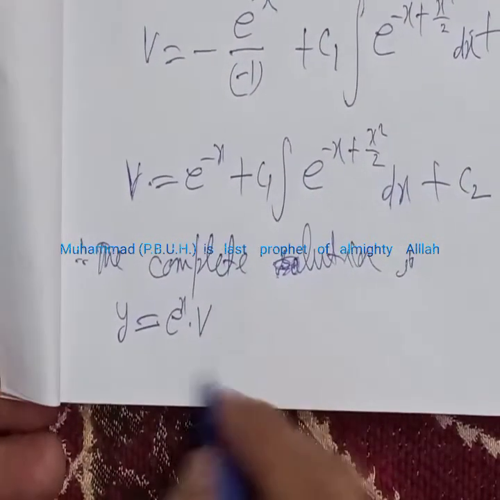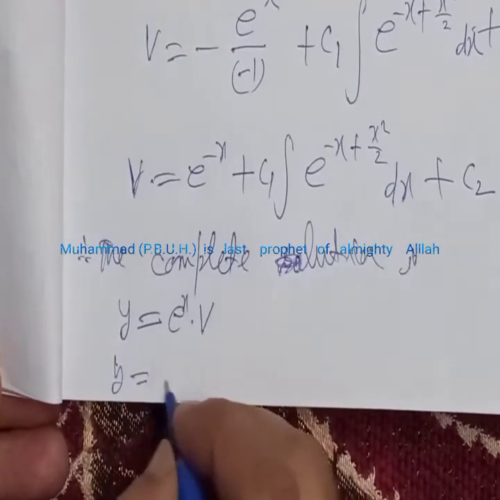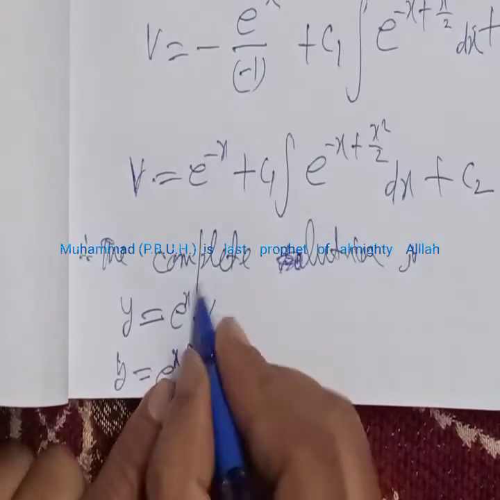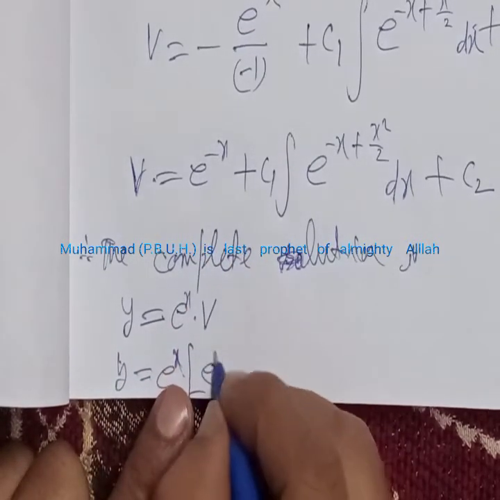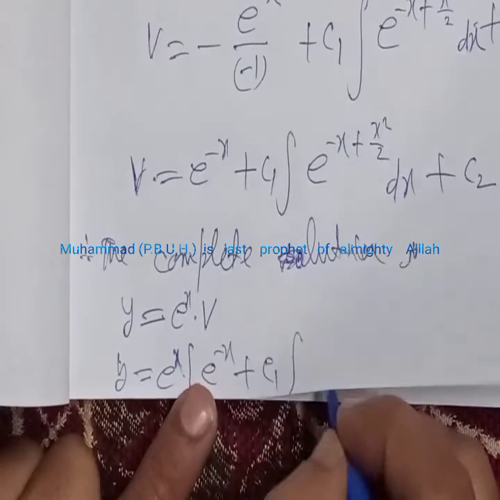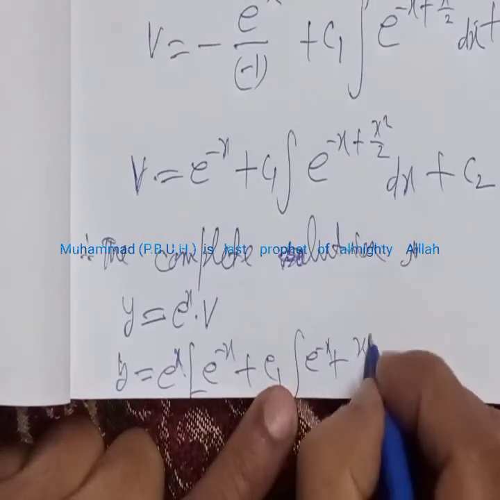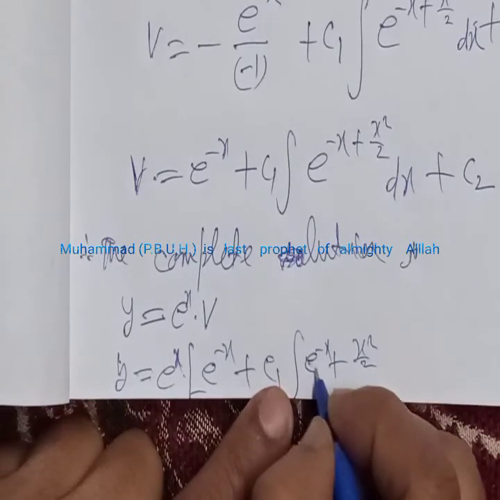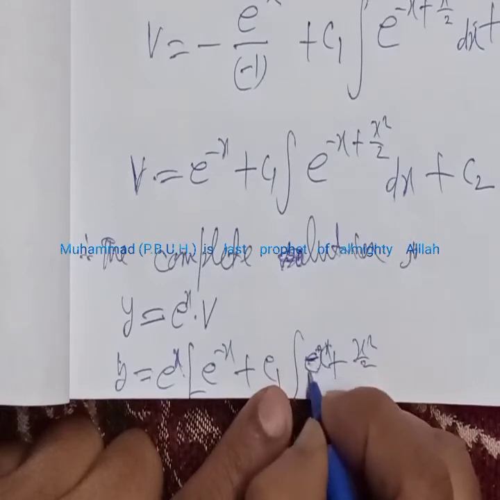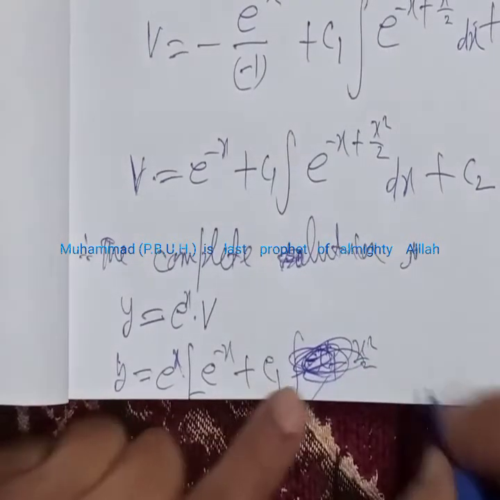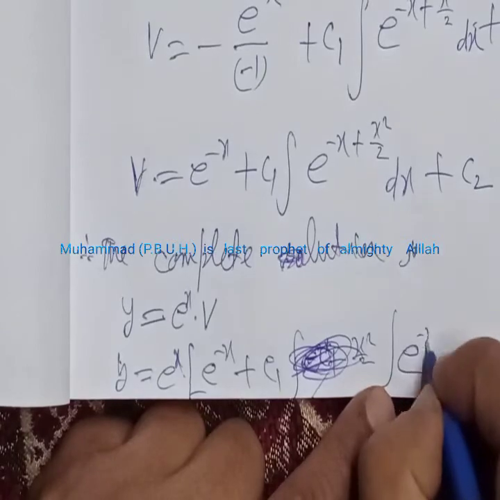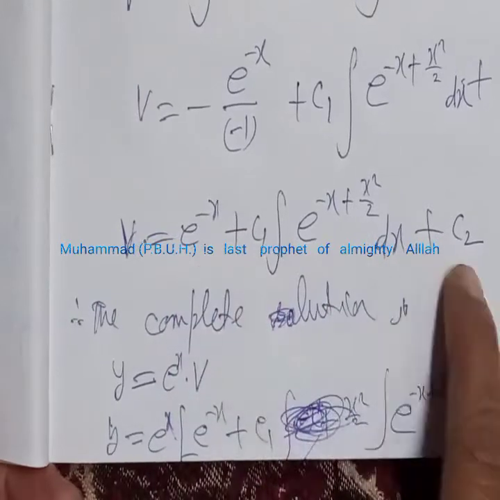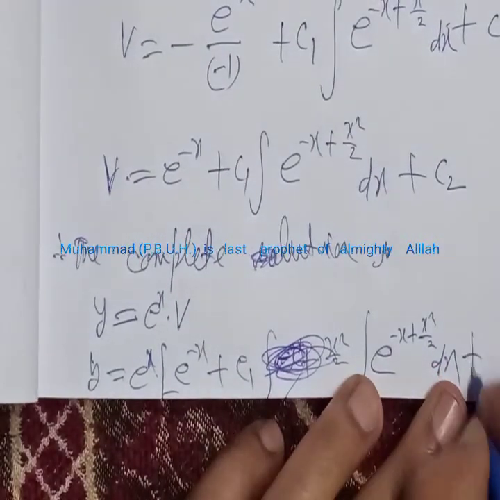So we write the value of v here, and we get the complete solution of the given differential equation: y is equal to e to the power x, and now in the bracket we write the value of v: e to the power minus x plus c1 e to the power minus x, minus the integration of e to the power minus x plus x square by 2 dx. Write this whole term here in the bracket without any change, plus c2.